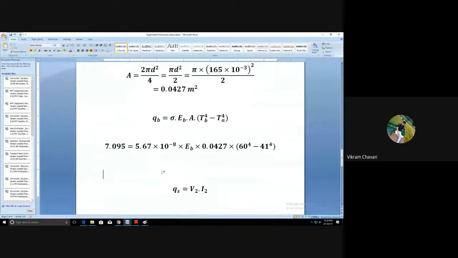So do the calculation and calculate the emissive power for the black body.